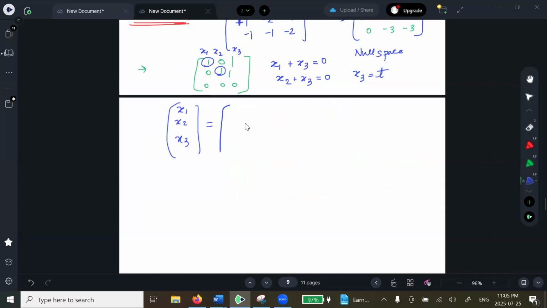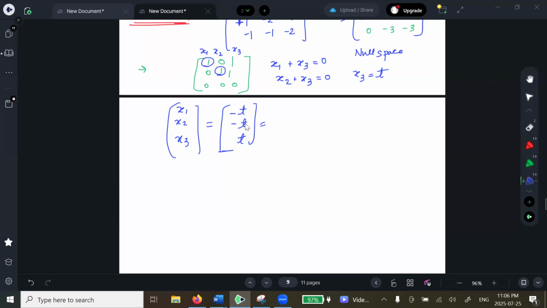So when I write down the null space in parameter form, sorry, my screen is glitching a little bit. Lagging a lot. Okay, almost done here. So we have negative t, negative t, and t.